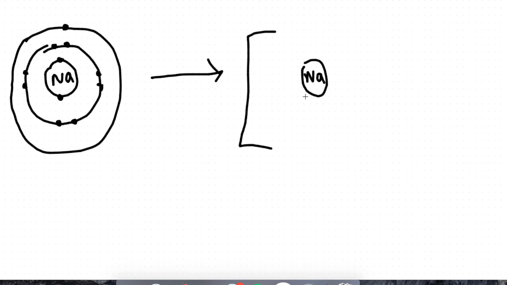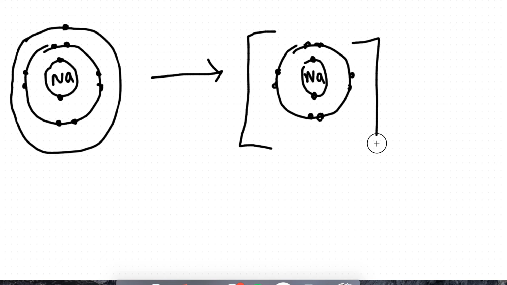Sodium, it's lost one electron, so 2.8.1 becomes 2.8, with the plus sign. Does that make sense, guys?